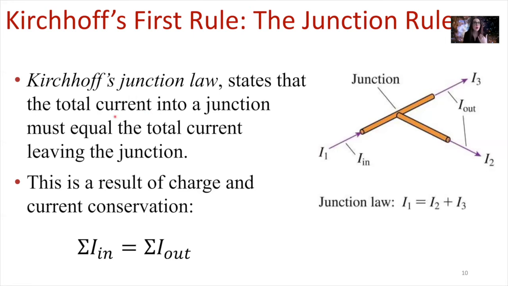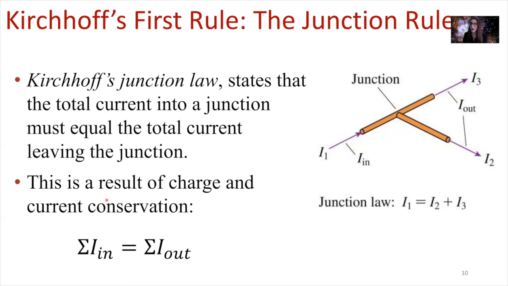So if the total current into a junction must equal the total current leaving the junction, that means right here at this point where the current can split, the current coming into the junction, I1, equals the sum of the current coming out of the junction, which would be the sum of the current through this branch, I2, plus the current through this branch over here, I3.